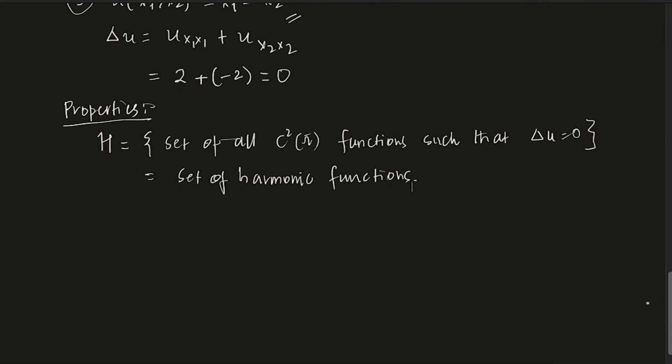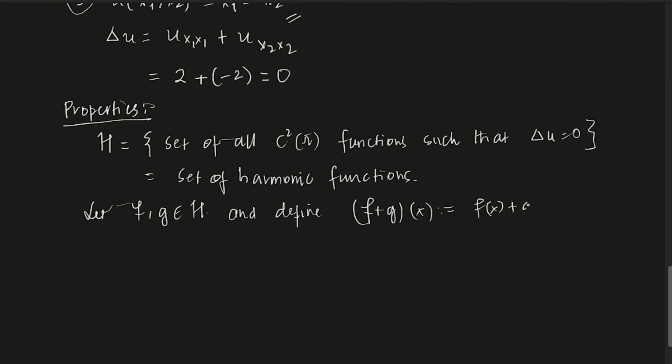Now I want to see what are some special properties of this set. Let us say that f and g are in H. Okay, let's see what happens. Define f plus g, acting at x, to be f of x plus g of x.